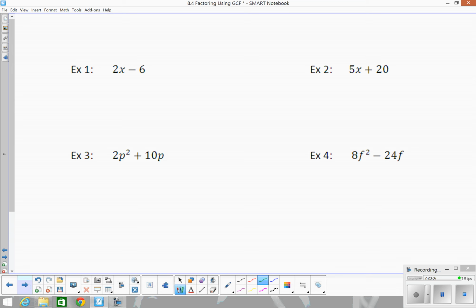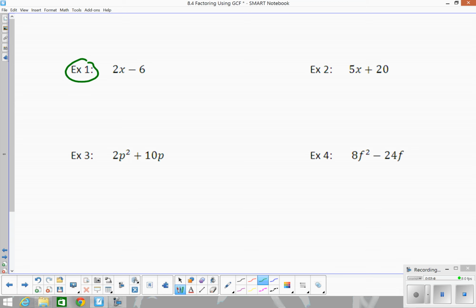Now, the activity that I had you do prior to this section was to discuss different types of factors. So factors are numbers that multiply together to give you the number you're looking for. So let's look at example 1, right? Here I'm dealing with a binomial, okay?